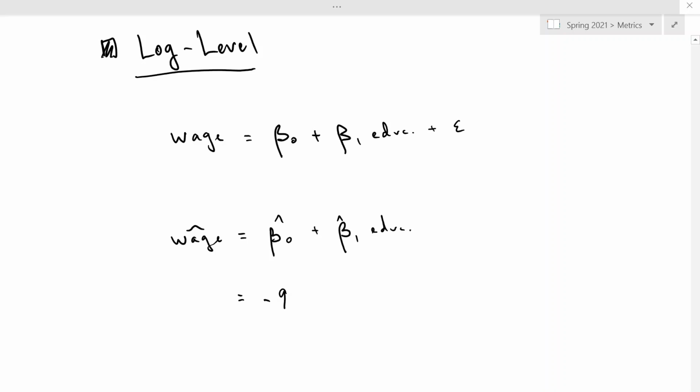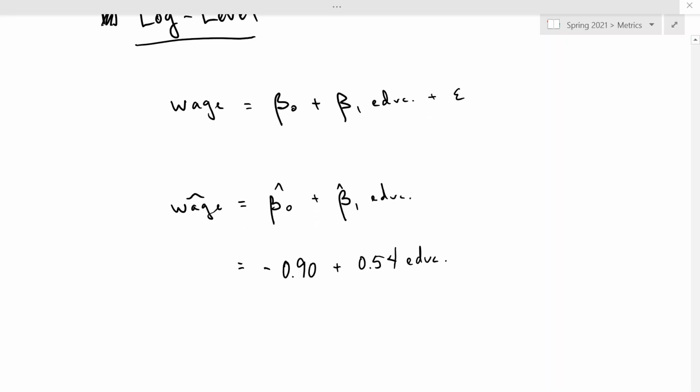Beta 0 is negative 0.90, and beta 1 is positive 0.54 times the years of education. So, as we would expect, there's a positive relationship between education and wage.